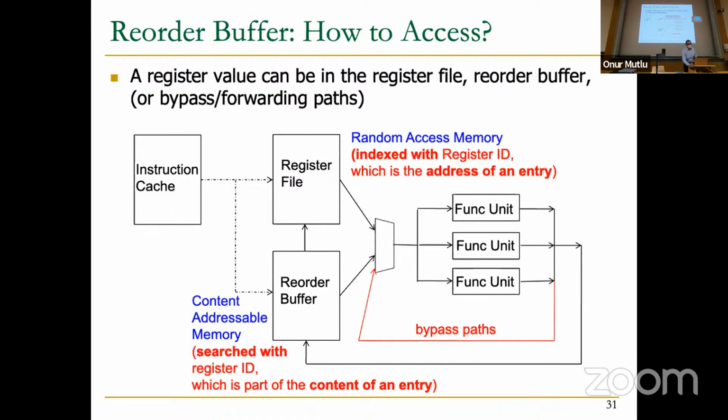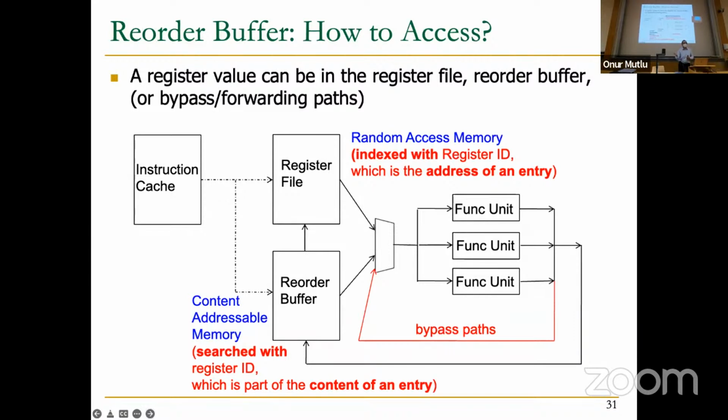Okay. So basically, you want register 3. We're going to ask the reorder buffer, can you give me register 3's value? Actually, you tell the reorder buffer, I'm instruction 56 in the reorder buffer. I want the register 3 value that is produced by an earlier instruction that's closest to me.